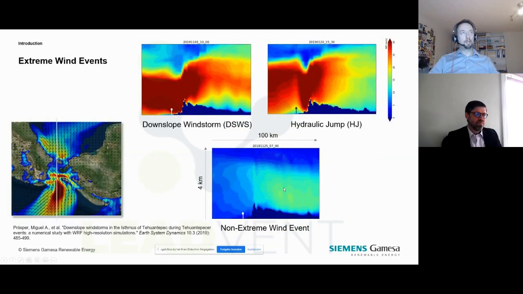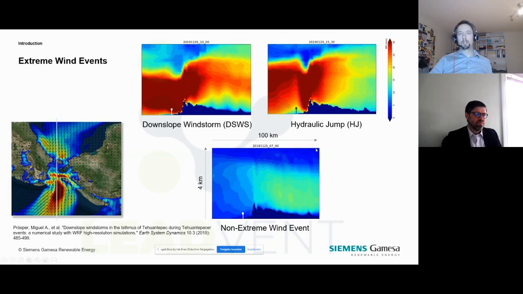Let's speak a bit more about these extreme wind events. Actually, there are two critical wind events that we are going to predict with the model. As I've said, the downslope windstorm and the hydraulic jump. But then, of course, it's not always the case that we have these critical patterns. So, of course, we also want to predict and differentiate the critical events from the normal events.